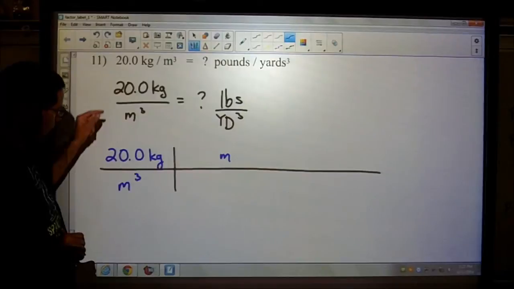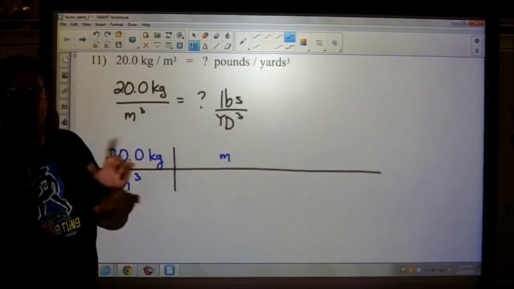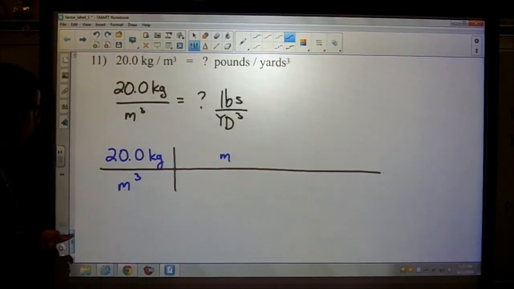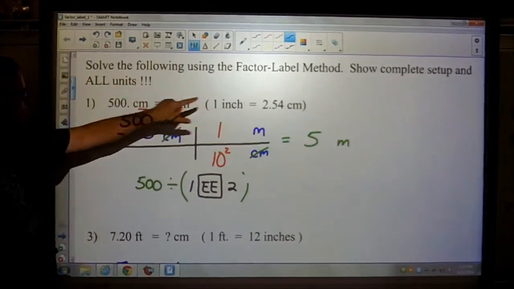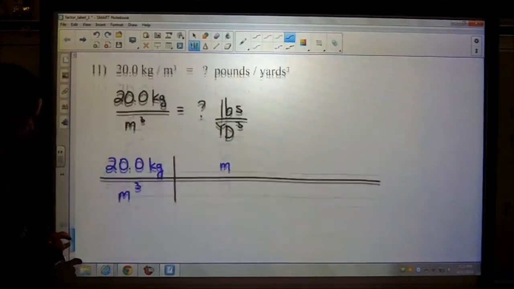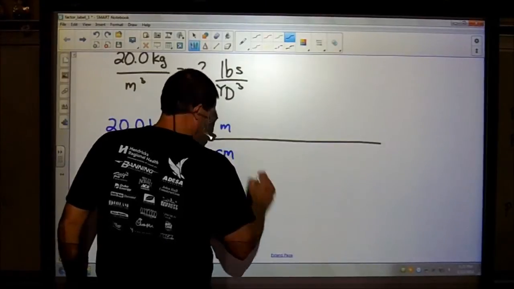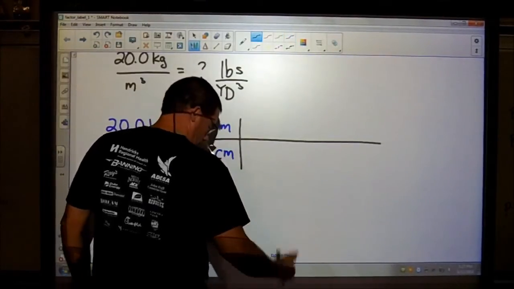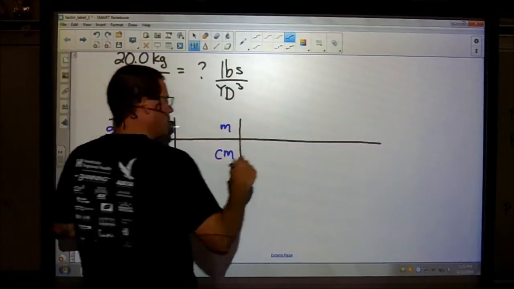And what I want to do is get the unit meter to the English metric bridge. And the English metric bridge that we've been using is the centimeter to inches. So that's what I want to go to. I want to go to centimeters because that's the conversion that I have at my disposal. So centimeters to meters. And again, if it's not the unit that you're looking for, continually moving that diagonal.